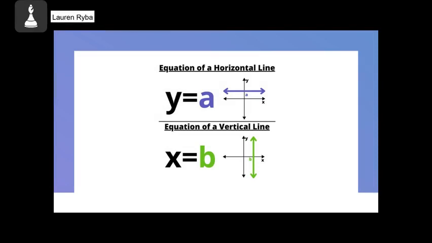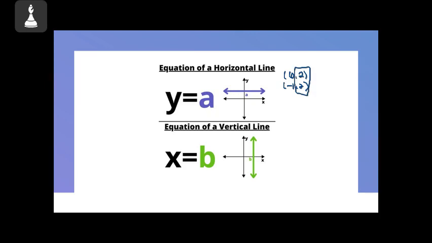The next types of lines we're going to look at are horizontal lines and vertical lines. A horizontal line will be in the form y equals a number. The way I know I have a horizontal line is if the points I'm given have the same y value. So for example, I have (6, 2) and (-1, 2).